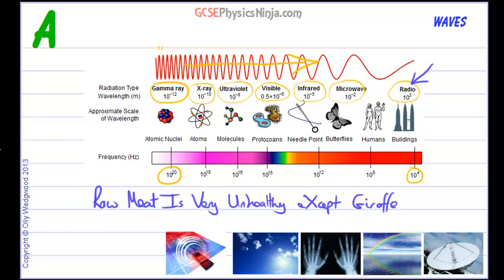So what do we have? Well, this is going in reverse order this time. So we've got radio, microwaves, infrared, visible, ultraviolet, X-ray, and gamma. Raw meat is very unhealthy, except giraffe, of course.